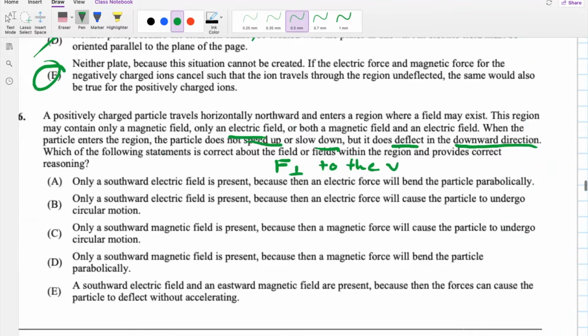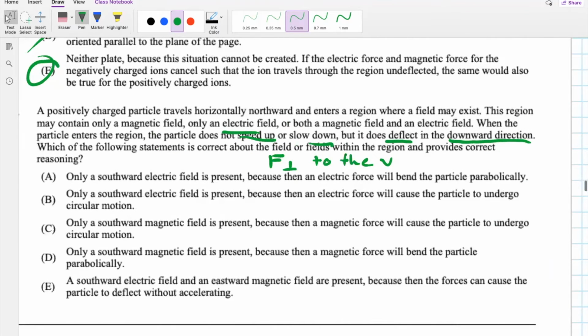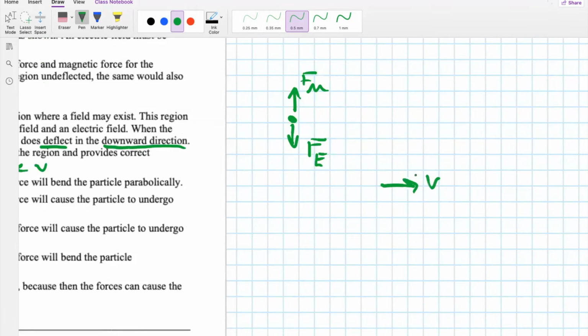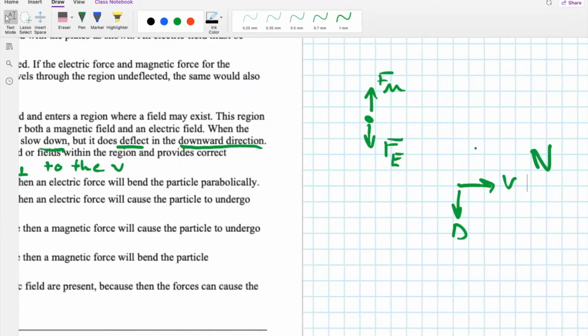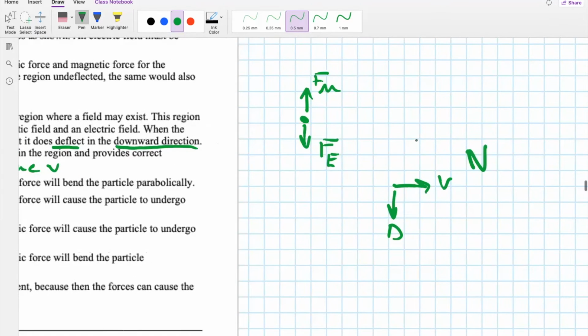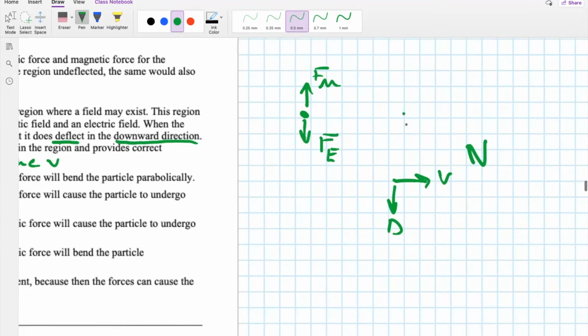So let's see here. It's positively charged. So velocity is this way. The force is down this way. The velocity happened to be northward, I believe, because it was traveling northward. And then west is going to be into the page. East is going to be out of the page.